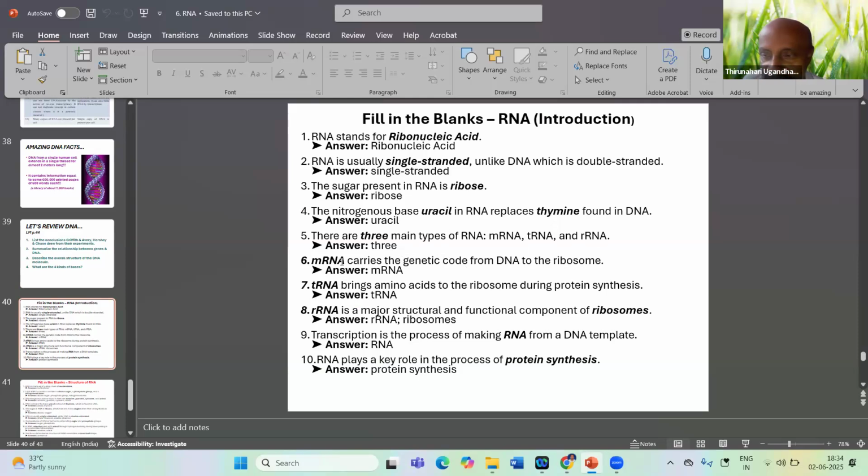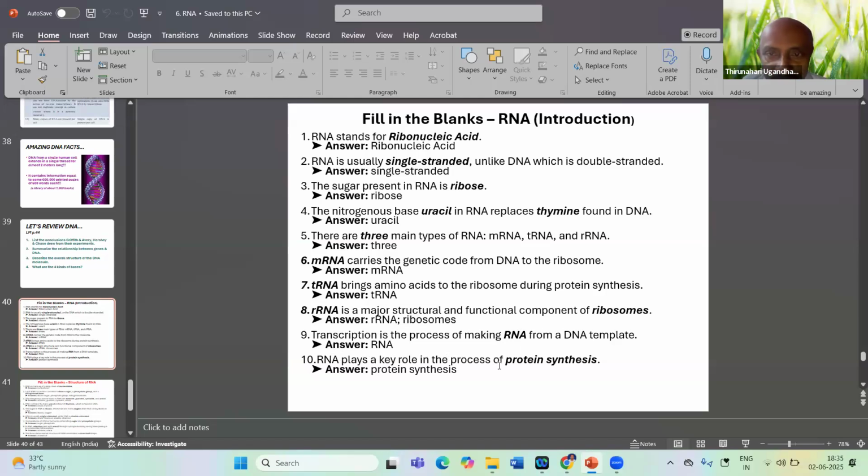Then tRNA brings amino acids to the ribosome during protein synthesis. rRNA is a major structural and functional component of ribosomes. Then transcription is the process of making RNA from a DNA template. RNA plays a key role in the process of protein synthesis.